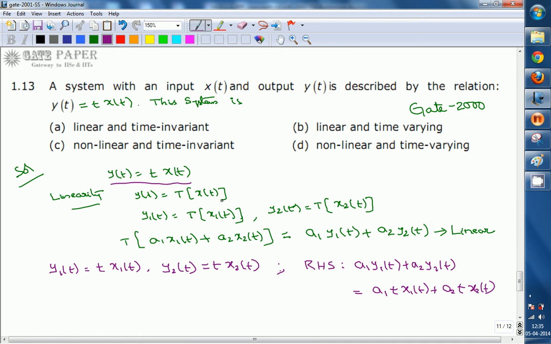Now the input is changed to a1·x1(t) + a2·x2(t), so in place of x(t) we substitute this input.